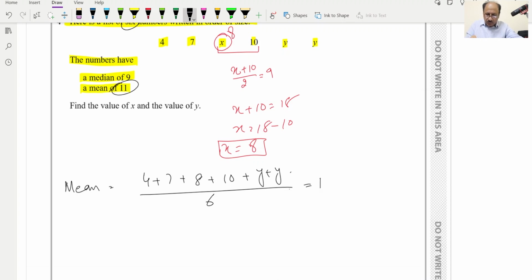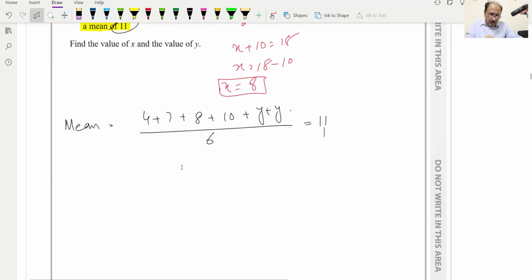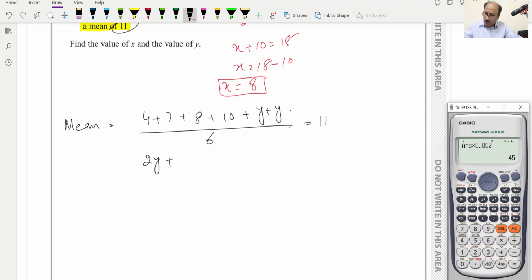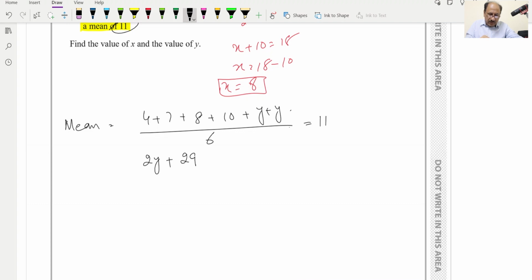Now we can simplify this equation. This will be 2y plus 4 plus 7 plus 8 plus 10, and this is equal to 29. So we can write 2y plus 29 is equal to 11 multiplied by 6, which is equal to 66.